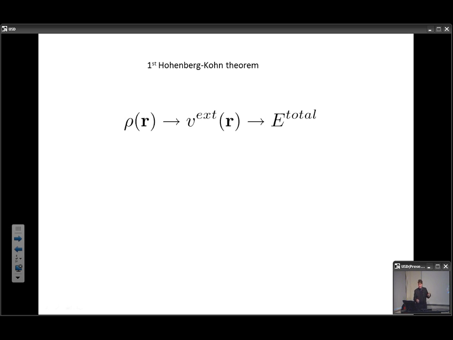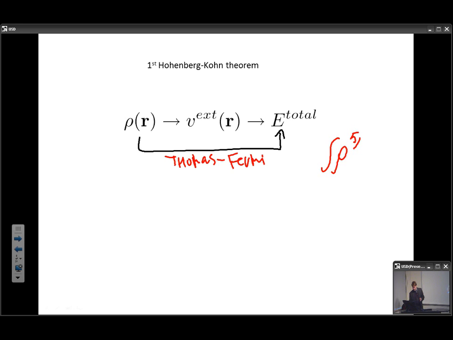For the density does determine the total energy. It is very similar to Thomas-Fermi theory. It is similar to the electron gas model that we considered in the last lecture, right? So by integrating density with some power, we get total energy. But it is only if there are no interactions.